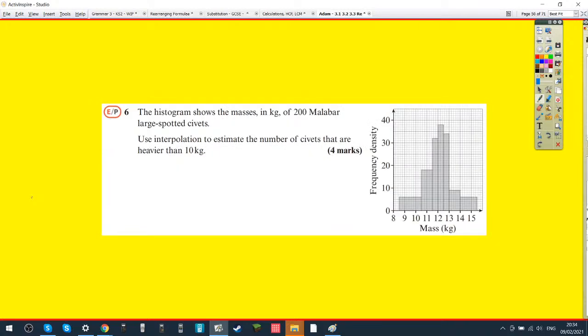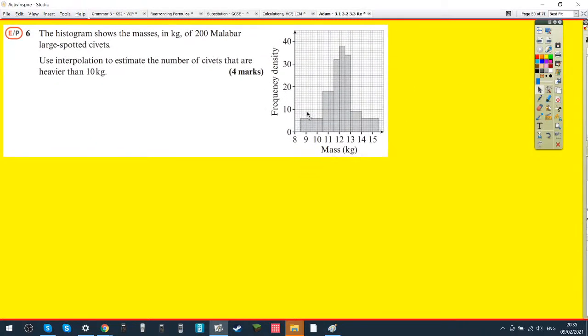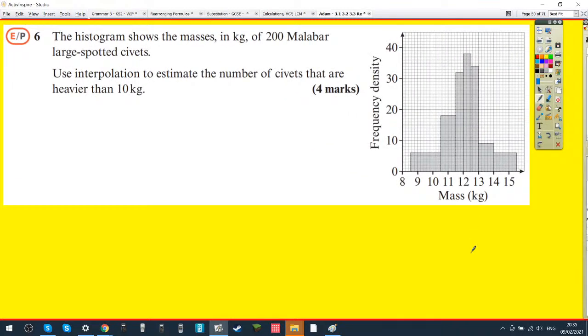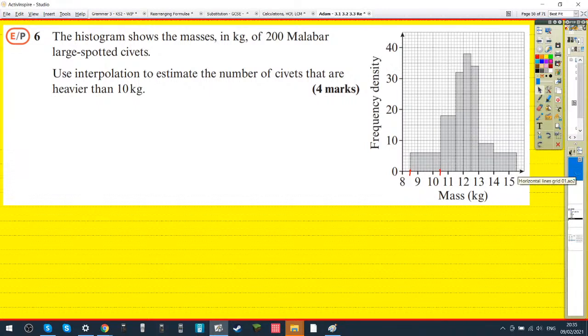Interpolation. This is similar to what we did before. I'll just mention it. It's a simplified version for histograms. Where is this? So what is the upper bound and lower bound for that group? Lower bound would be 8.5, upper bound would be 10.5. Yeah.